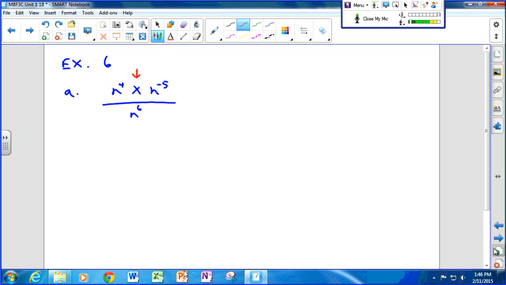So let's work it out one step at a time. The first rule we'll apply is the rule where the bases are the same, so the n, and we're multiplying exponents. What we do then is we add them together. So 4 plus negative 5.